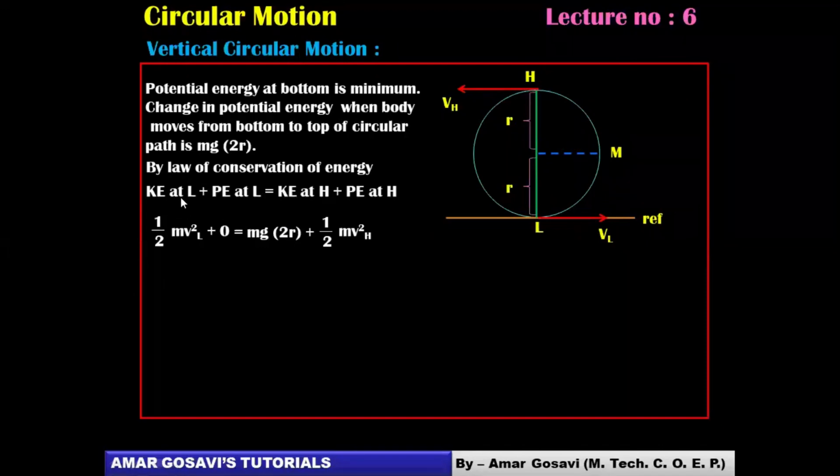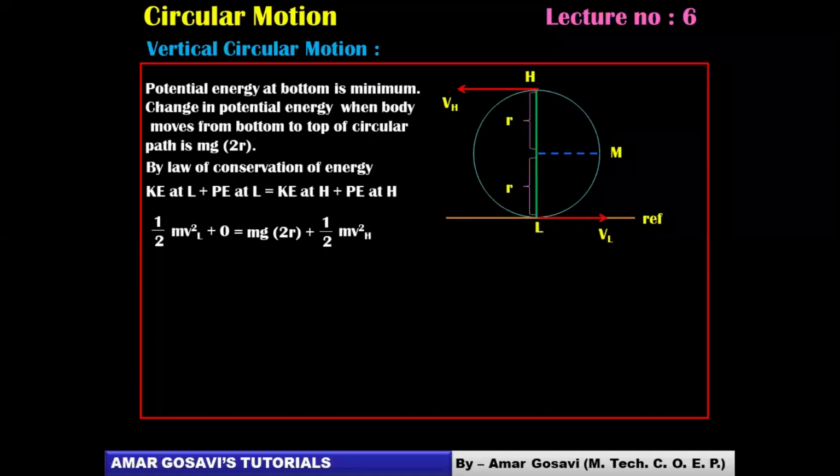So kinetic energy at the lowest point, I can write it as half m vL square, with L as a suffix because I'm talking about the lowest point. What can you say about the potential energy at the bottom? Obviously, r and r becomes 0, so 2r is 0 over here. So it is 0 potential energy at the lowest point.